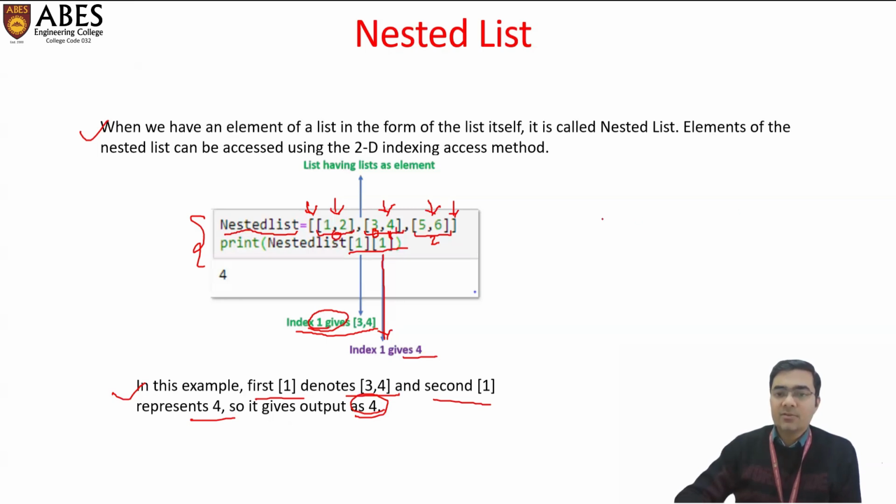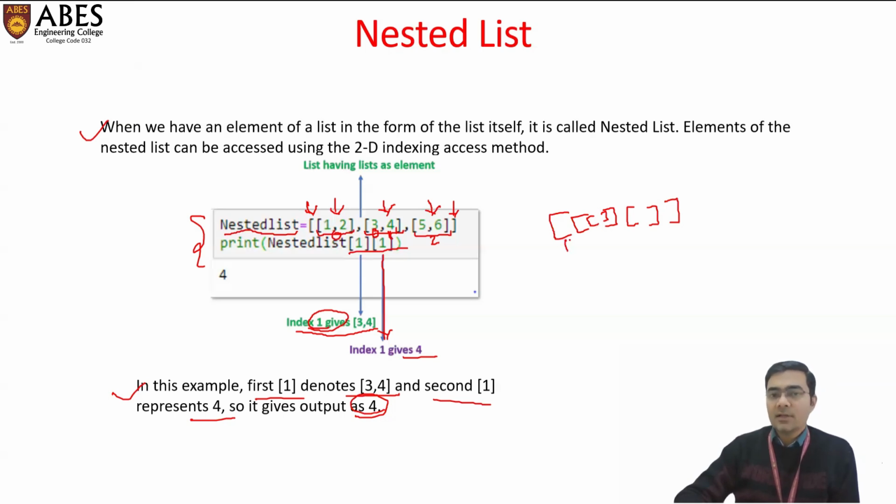For a nested list, we simply have to focus on the bracket positions. If we are using single brackets, this is a single list. If within the brackets we are using other brackets, then it is called a nested list, a two-dimensional list. If we again use third brackets, we can say this is a 3D list.